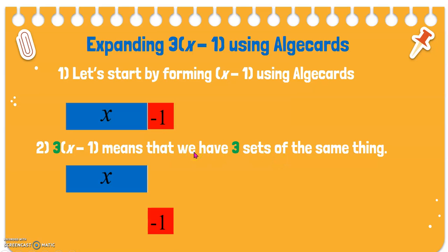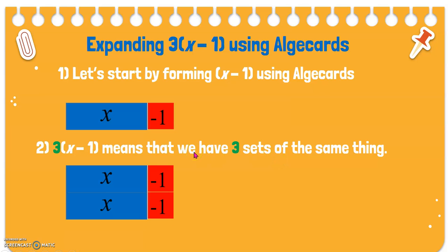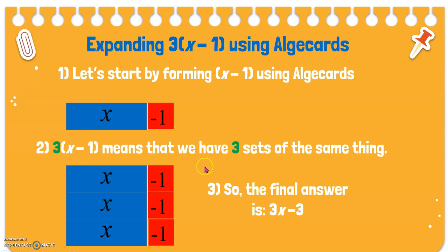So we have 1 set, 2 sets, 3 sets. Alright, so from here we can see that 3 times of this, right? So we have 3x and we have 3 negative 1s. That's why we have 3x plus negative 3, or we can just write as minus 3. Alright, so the final answer is 3x minus 3.